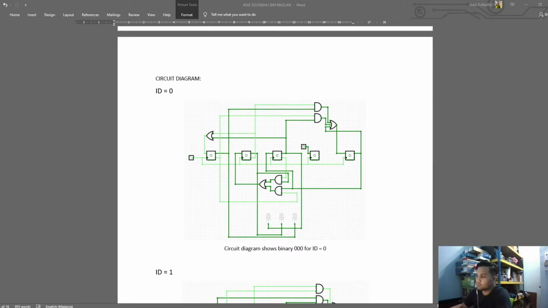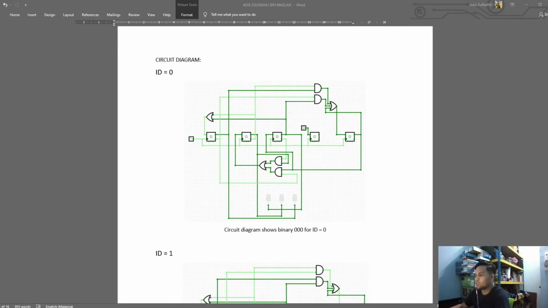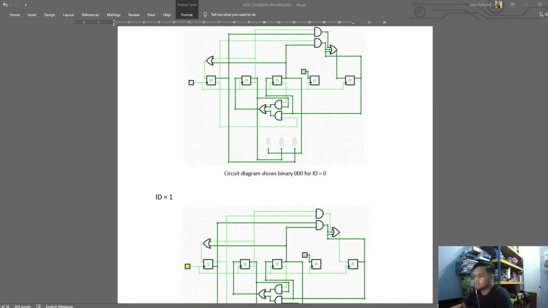Okay, so I add some LEDs to make it easy for us to see, so that we can know which number will be on in this circuit.